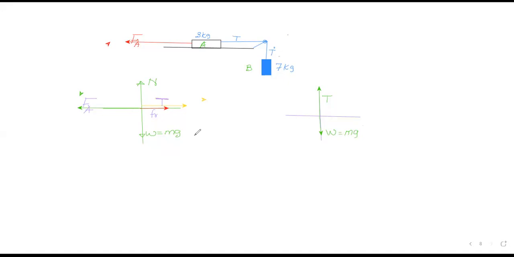Now, let's do our analysis. The object is moving this way. Here, it means that the tension is greater than the weight. Therefore, T minus mg gives us ma, the acceleration that the system will experience going this way.